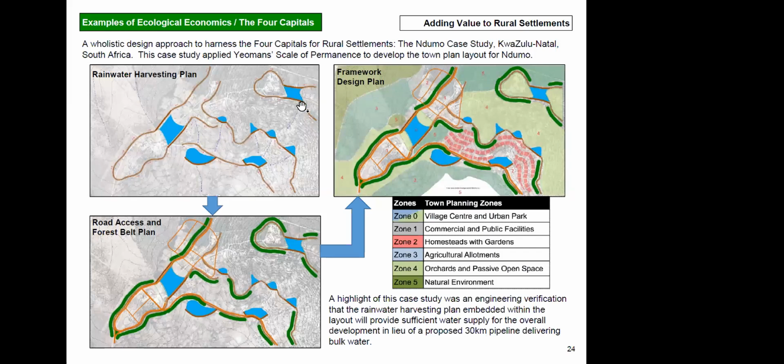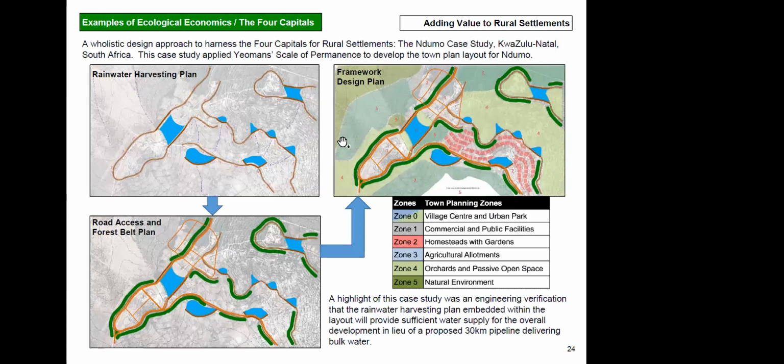So the first thing we do, we plan for water. So we plan, where do we catch water? And here's a saddle dam at the top. There's another saddle dam there. There are small catchment dams. And the engineer on our team worked out that if we just do this basic design, there's more than enough water for all the residents of the town, so much so that we don't need that 30-kilometer water pipeline.